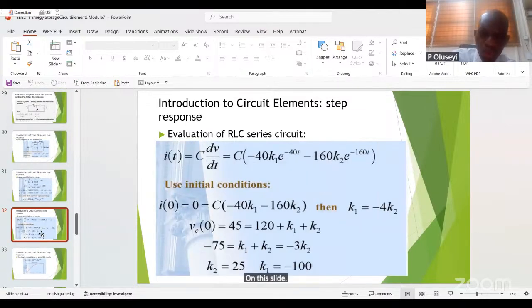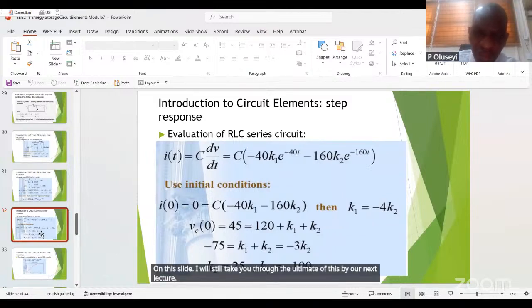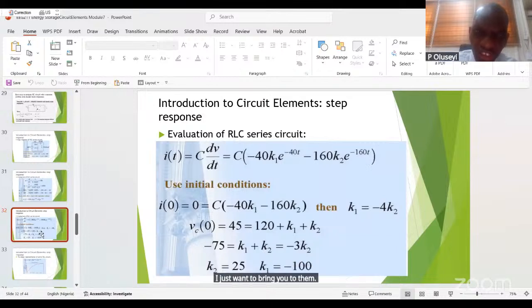I will take you through the rudiments of this in our next lecture. I just want to show you how this is useful. Likewise, we have I naught of T, which equals 0 at time equals 0. So you have this description, and you can also have this equation so that you can get K2 and K1.